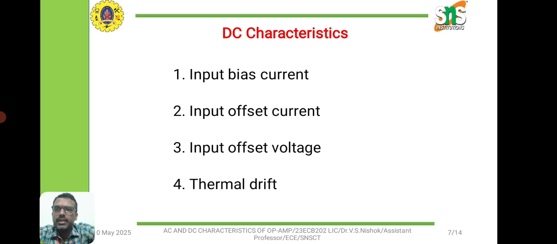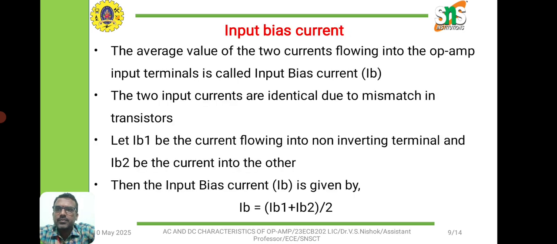Based on that, we have four different characteristics: input bias current, input offset current, input offset voltage and thermal drift. Input bias current is represented as the average of the currents in the input path of the operational amplifier in the two terminals, that is inverting and non-inverting, both terminals.